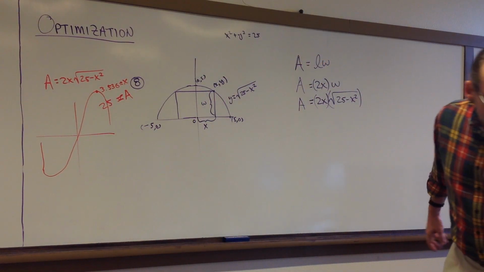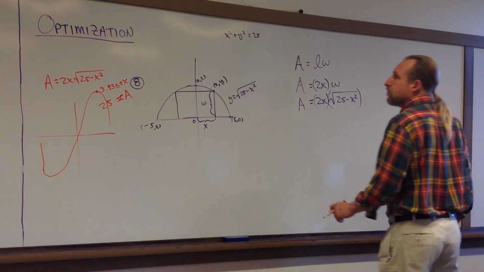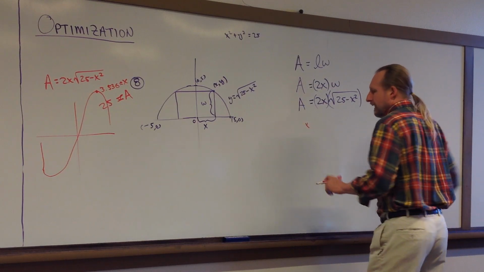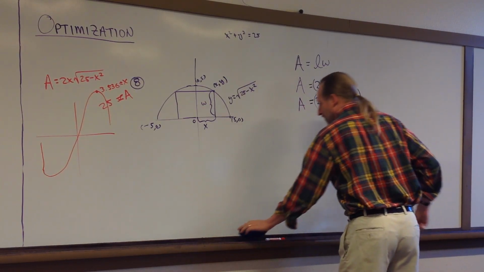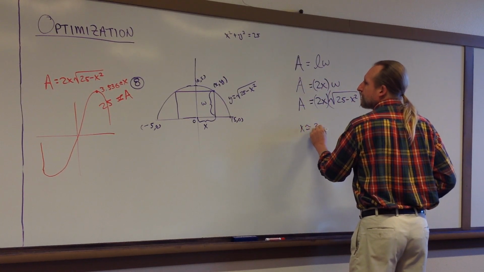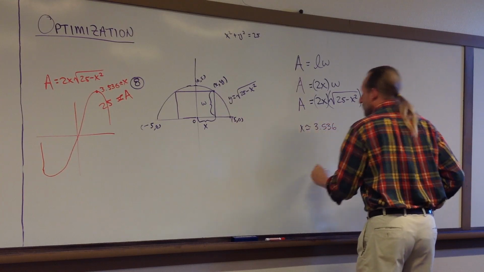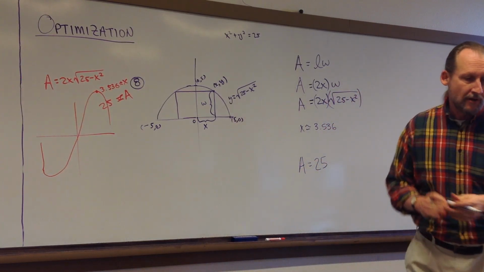So the coordinate x, well, let me switch back to the purple one. X equals 3.536. Our maximum area is 25.